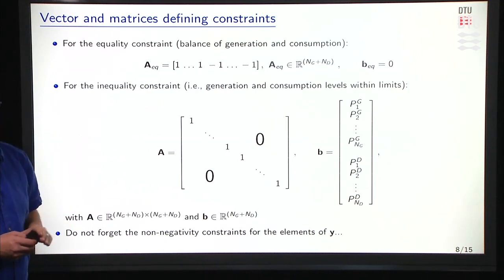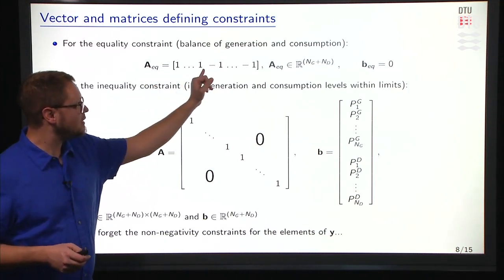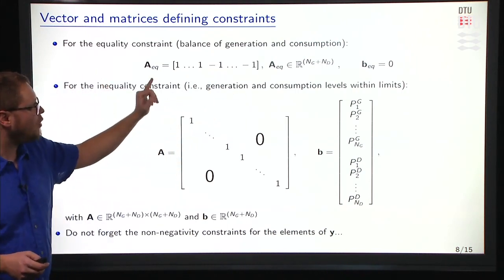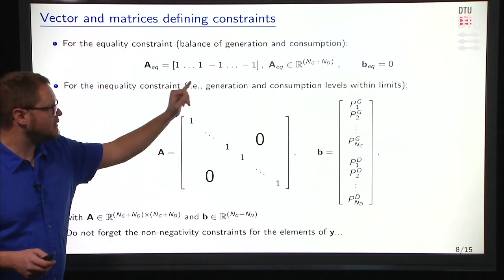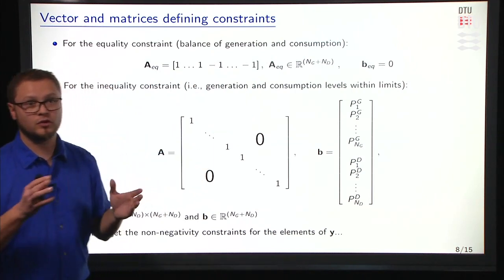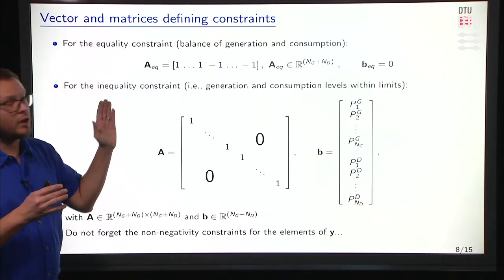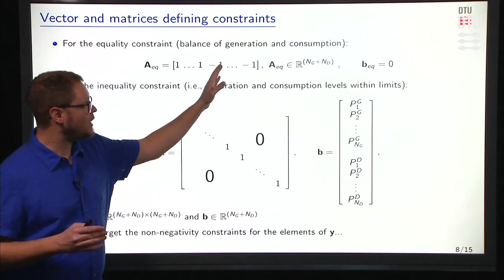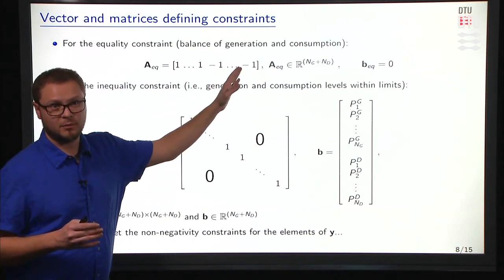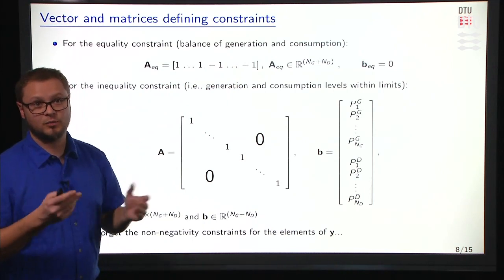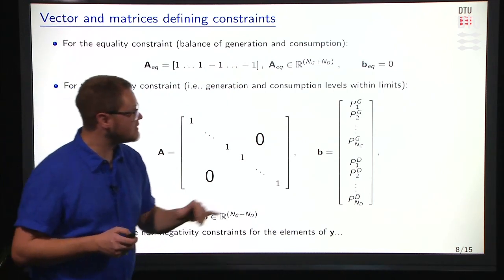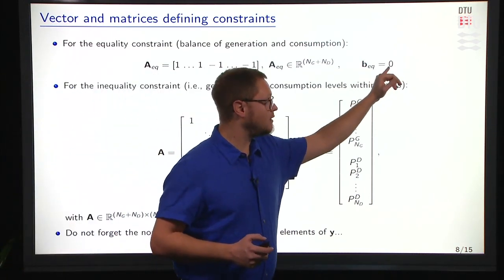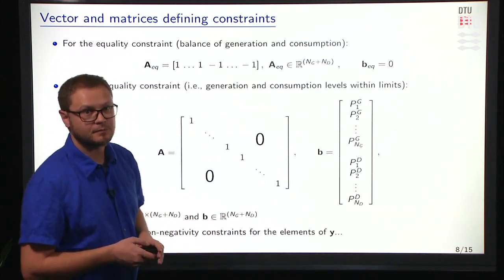This is not going to be a matrix, a horizontal vector like this one, with ones and minus ones for the generation side and the demand side. So all the scheduled quantities, when you add with a plus all the generation side, and you subtract, so with a minus, all the demand side scheduled quantities, this should be equal to 0. And this is why our B_eq term is going to be 0.